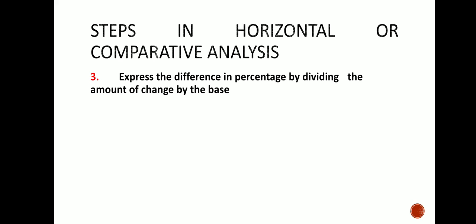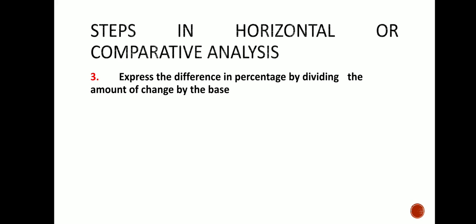So for step number 3, express the difference in percentage by dividing the amount of change by the base. So this is now the second method of performing the horizontal or comparative analysis, which is the percentage comparison.